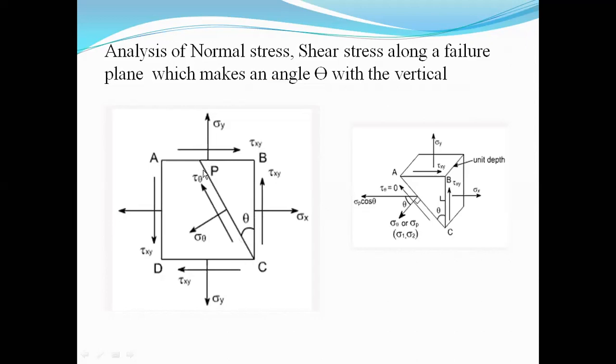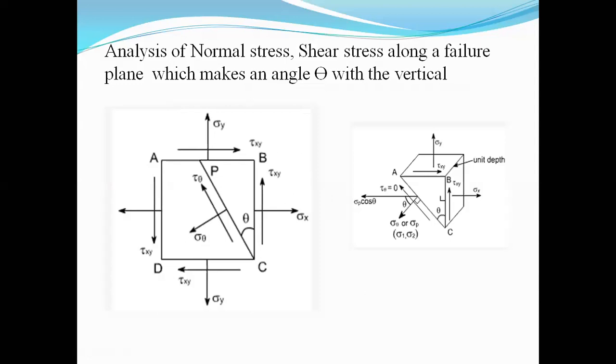In order to fail this block along this particular plane, there would be a corresponding normal stress and shear stress. The normal stress acting on this failure plane is sigma theta, since it makes an angle theta, and the corresponding shear stress acting on this plane is tau theta. So we need to find these.